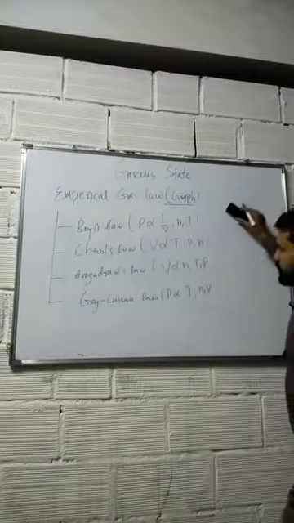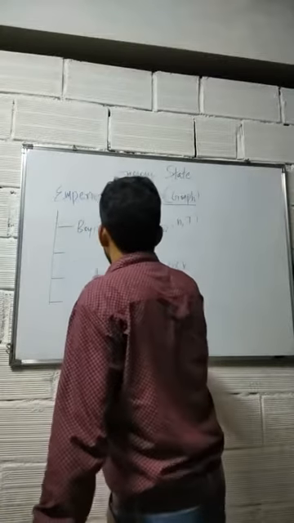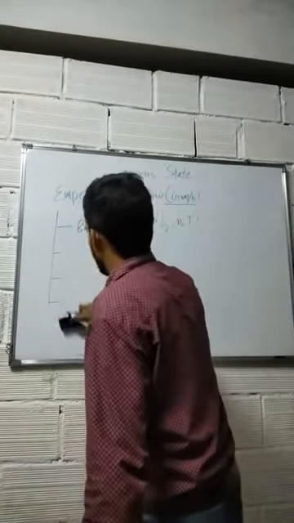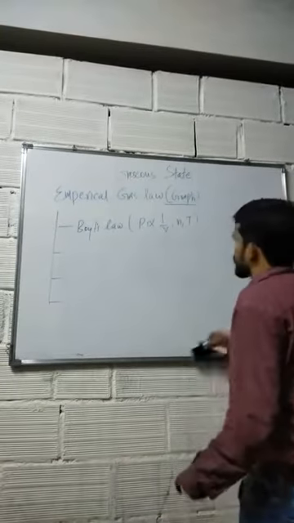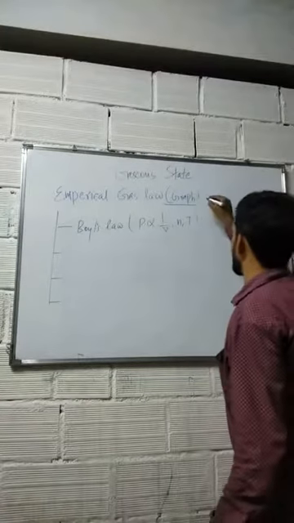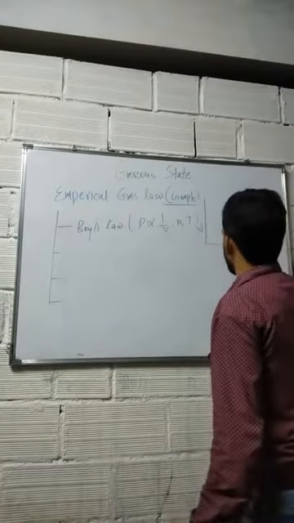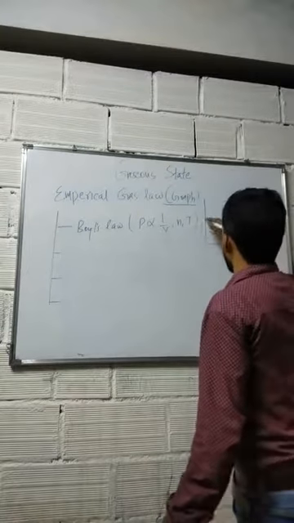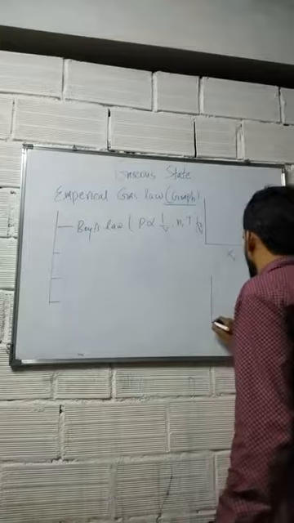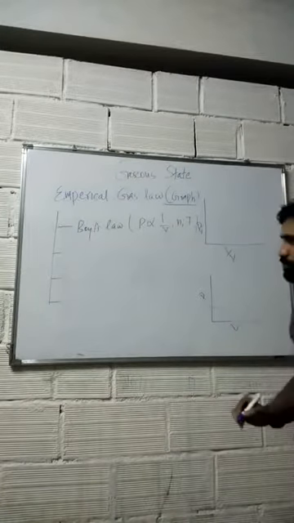Okay, so let us discuss in more detail about this gas law. In Boyle's law there are two types of graphs: the pressure versus 1 by V graph, and the pressure versus volume graph.